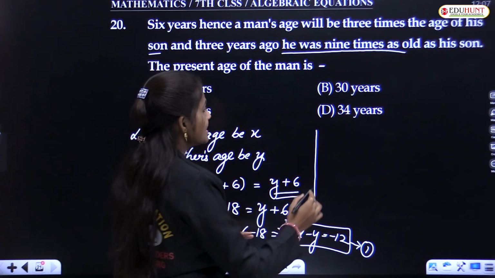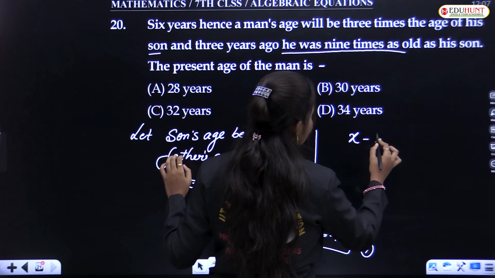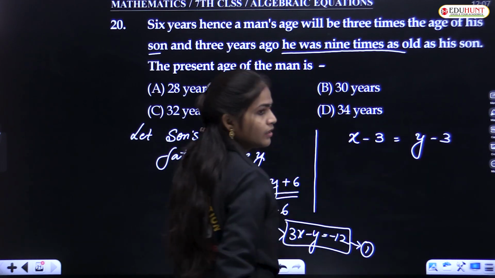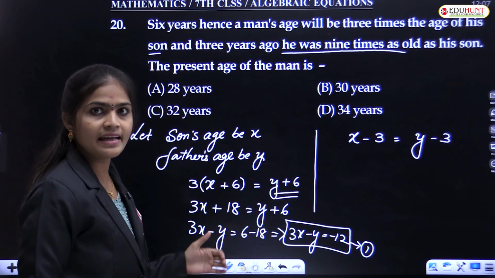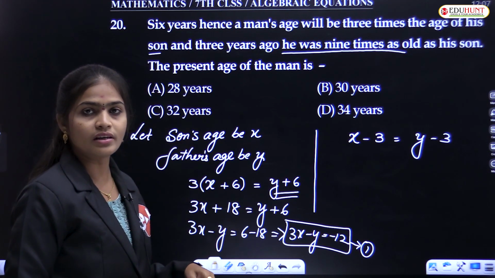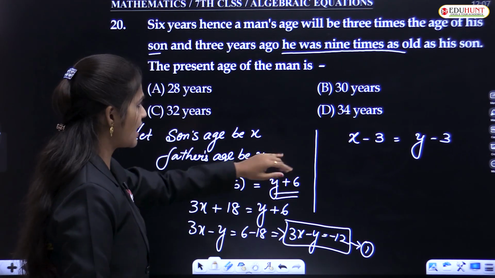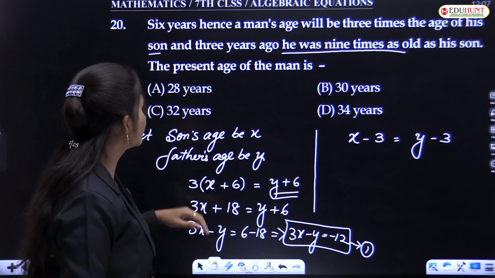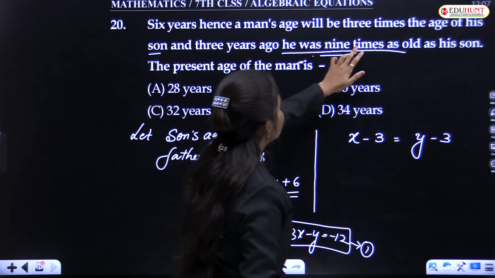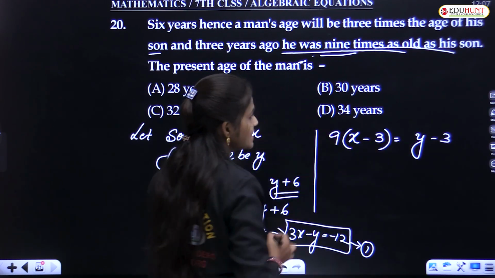At present his age is y, and the son's is x. 3 years ago, which means y minus 3 equals, here x minus 3 also, no? 3 years decreased from his age, and in the same way from his son's age also 3 years will be decreased. So it is not increased, that is decreased. So the man's age is 9 times as old as his son.